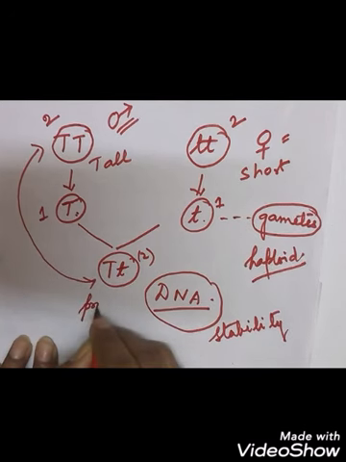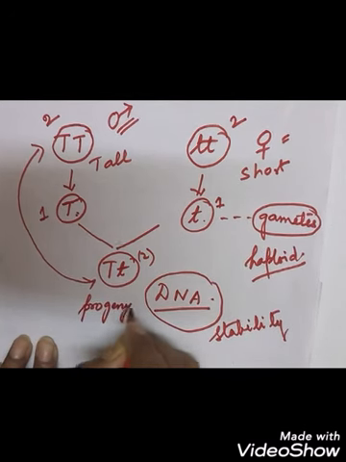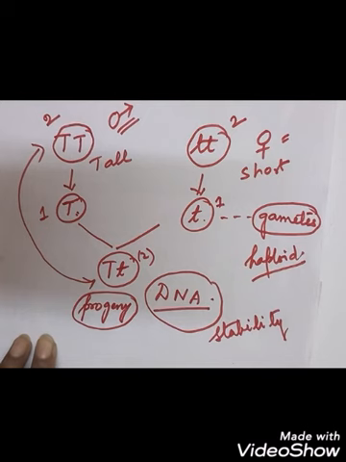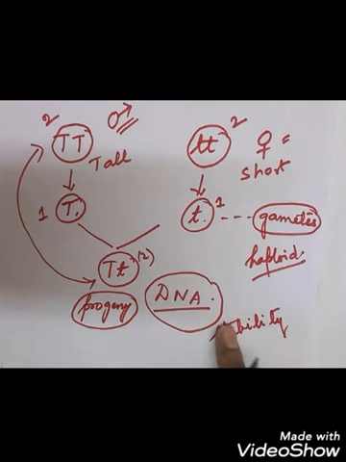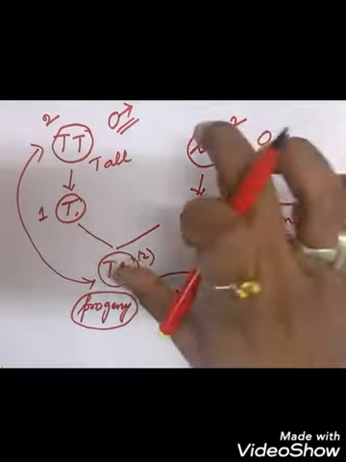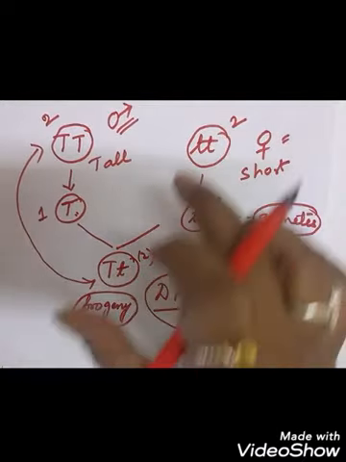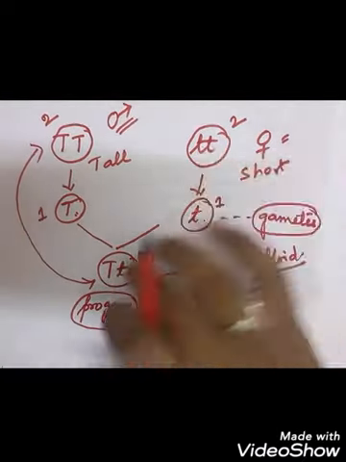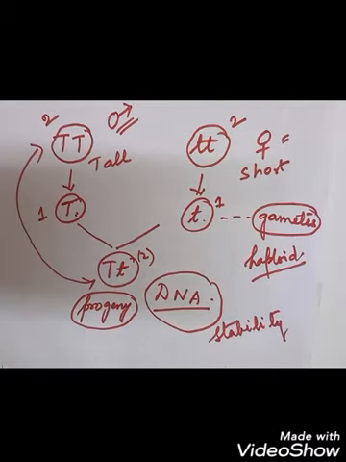This is what? The progeny, the offspring. The other name of progeny is the child or the offspring. So this shows what? DNA stability. From the parents we are getting the child, but the number of chromosomes for existence is the same. Only in the gametes do you have the haploid set.